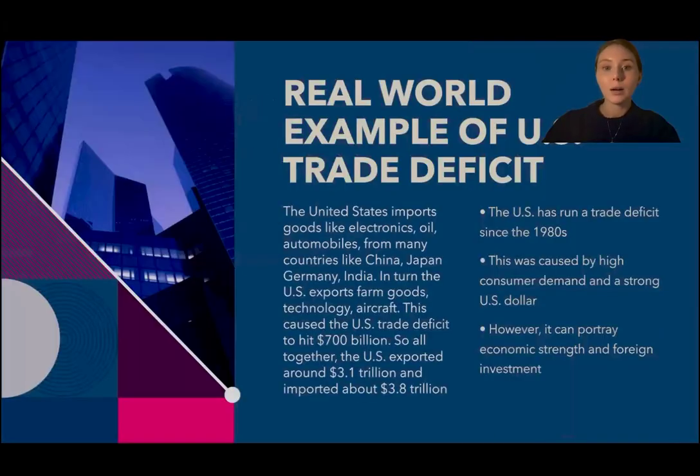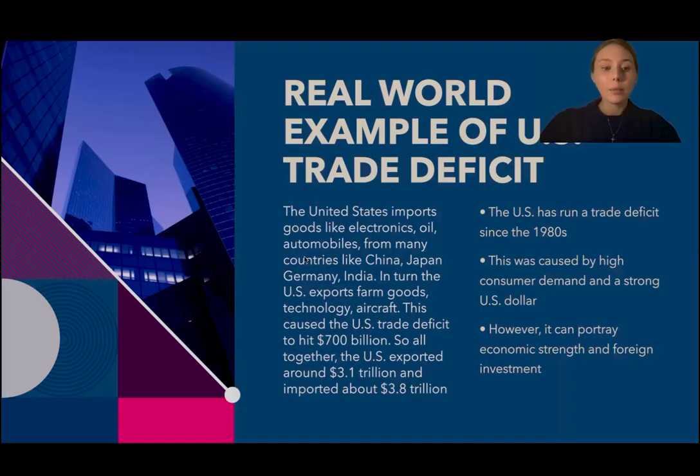Okay, so now let's look at some real world examples of a trade deficit. An example I could give is that the US has exported around $3.1 trillion worth of goods and services, but it imported $3.8 trillion, which creates a trade deficit of roughly $700 billion.